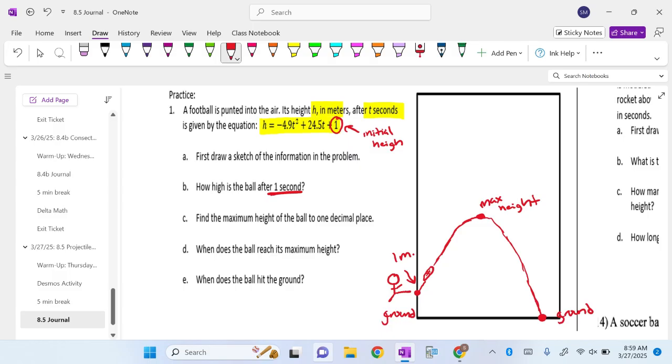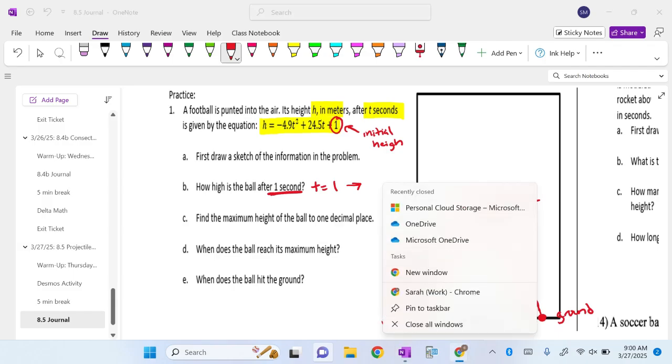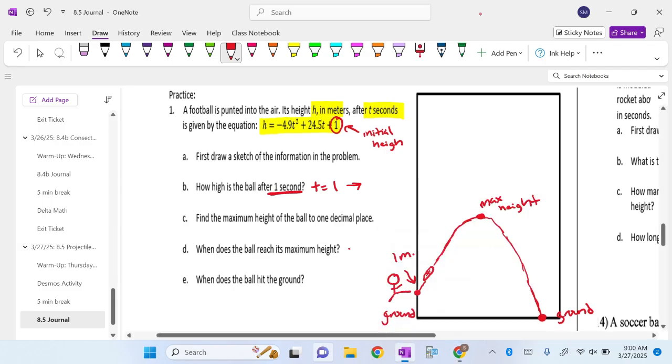T or h? T. So we're looking for when t is equal to 1. So in reality, we're looking for when what is equal to 1? X or y? X. Because if you look, the t's are replacing what x would typically have.